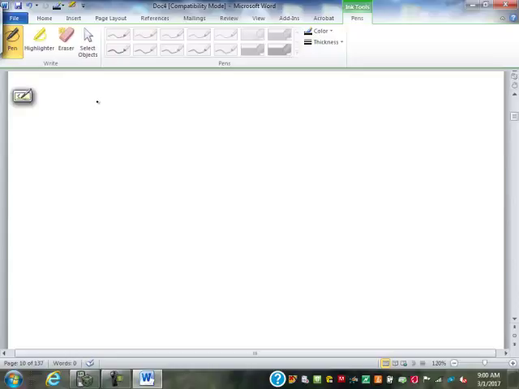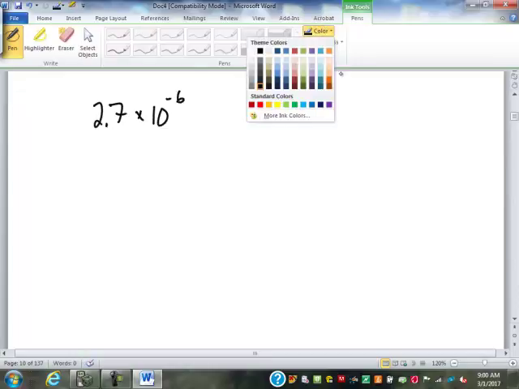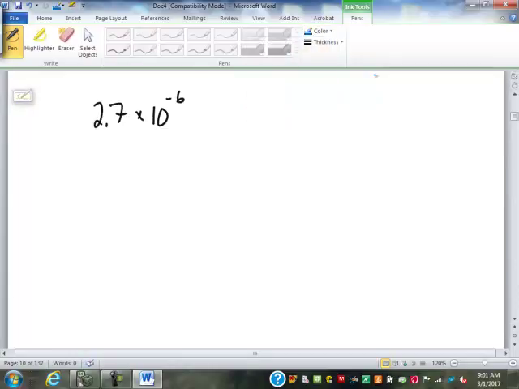To convert the other direction is just as easy. Is this a small number or a big number? Small number. How do you know it's a small number? Negative 6. It's telling us it's on the small side. It's after the decimal point. It's less than 1. So I'm going to take my 2.7.